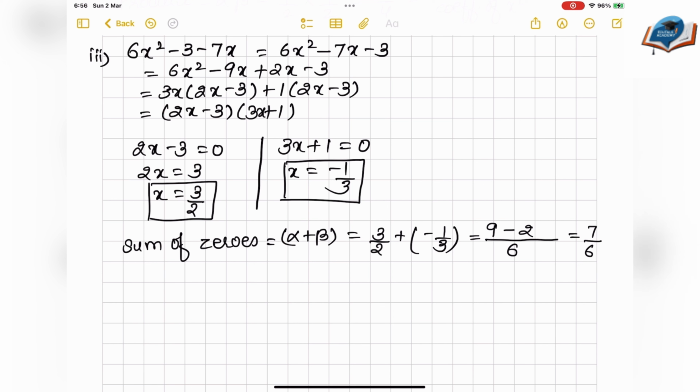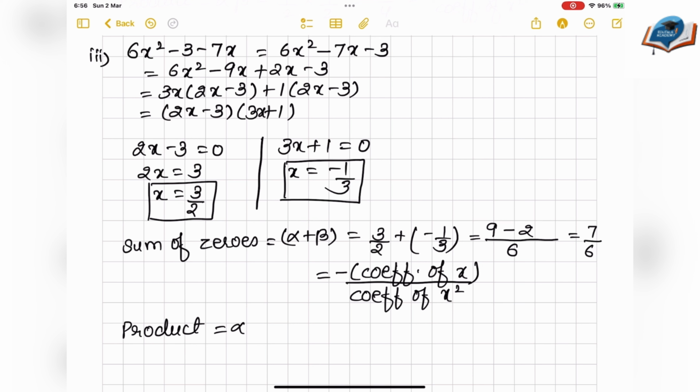So now sum is 7 by 6, which is equal to minus coefficient of x upon coefficient of x square. Same way, product will be alpha beta, that is 3 by 2 into minus 1 by 3.